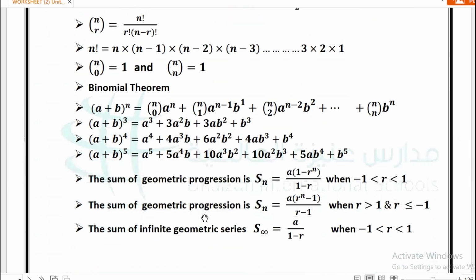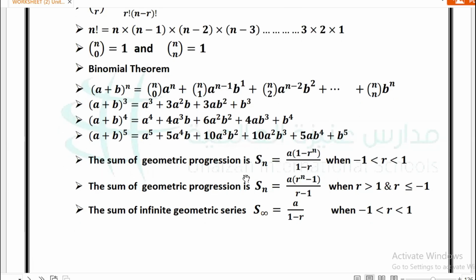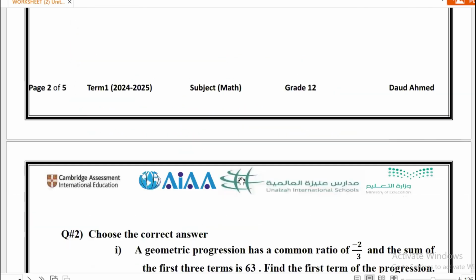And then we have the sum of geometric progression when the value of r is between -1 and 1, and the sum when the value of r is either greater than 1 or less than or equal to -1. And lastly, the sum to infinity of a geometric series, which is S infinity equals a over 1 minus r. So these formulas will help us to sort out the problems.